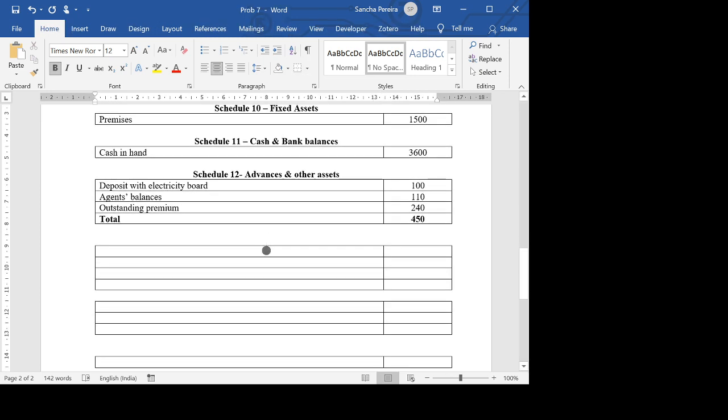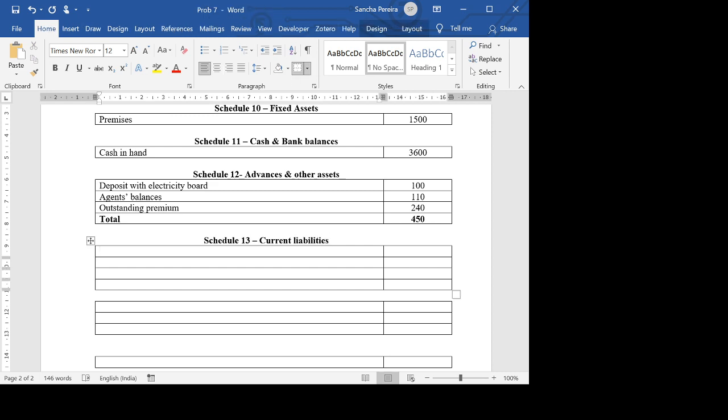Next, we have Schedule 13, which is current liabilities. Now, in the current liabilities, we have identified three. One is sundry creditors. Sundry creditors is 750.